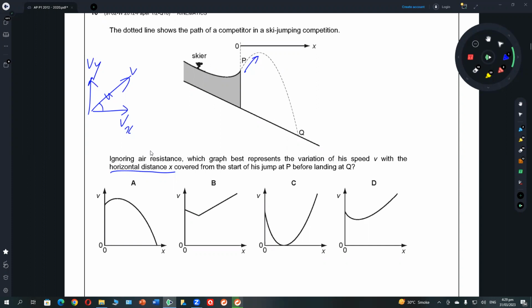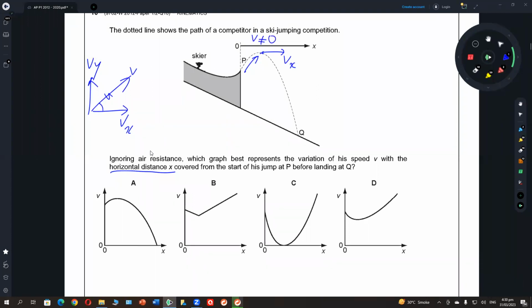Now, a technical question comes here. At the highest point, will the x component still survive or will everything become zero? The horizontal component will still be there. Okay, that means speed will not be zero at the highest point. Am I right?